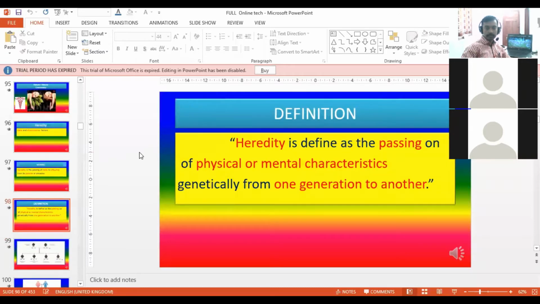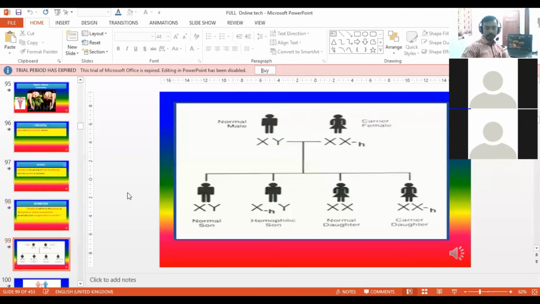Definition: heredity is defined as passing on physical or mental characteristics from one generation to another generation. This is one example, hemophilia, a disease transferred from parent to child.